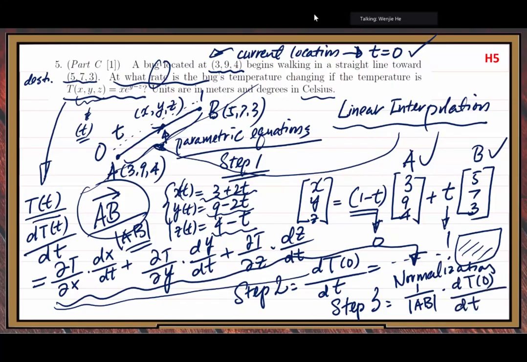In that way the rate of change uses a reasonable scale, always on a unit vector. No matter how long AB is, you always scale it to a unit vector. We call it a normalized way. After you complete these 3 steps, 1, 2, 3, you find the solution.